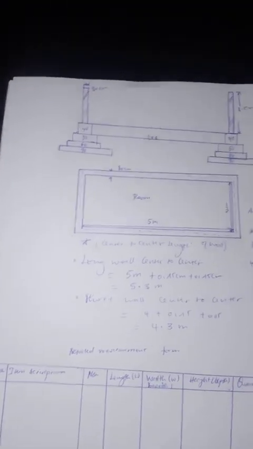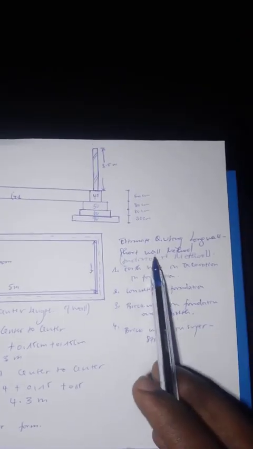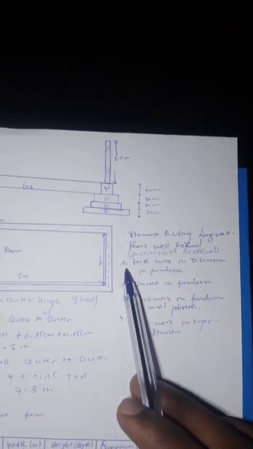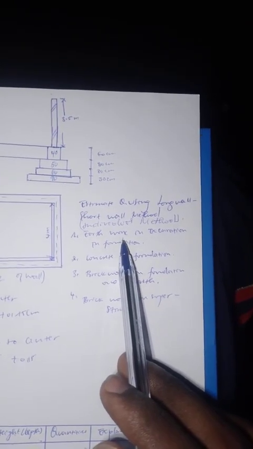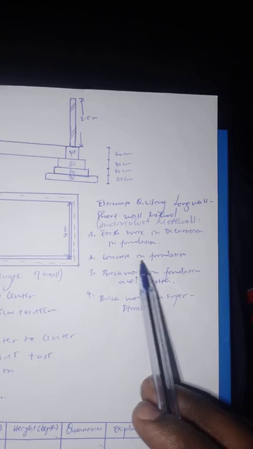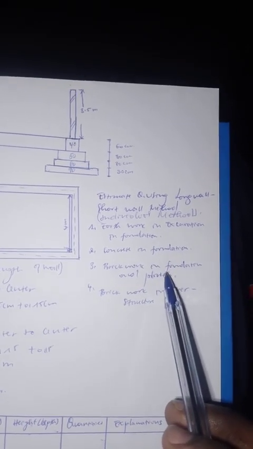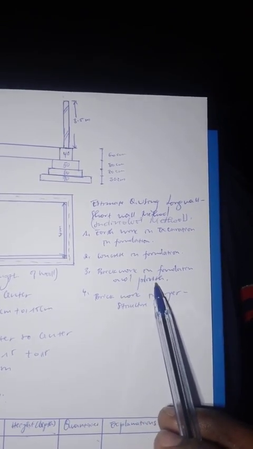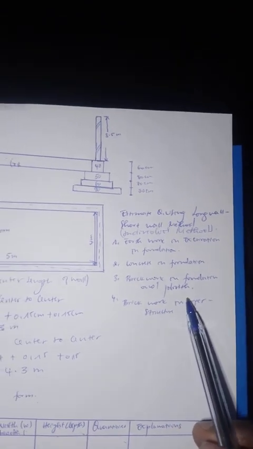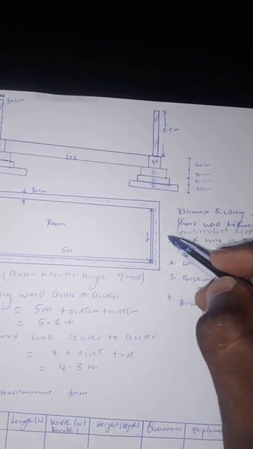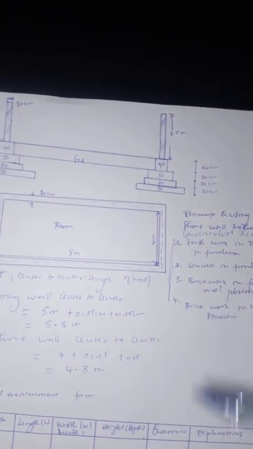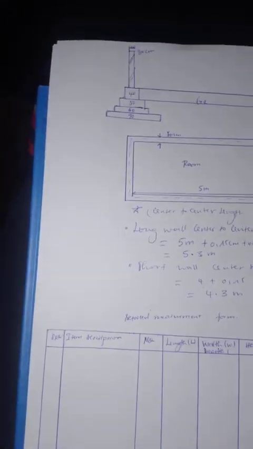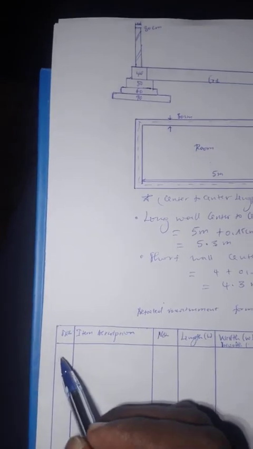The question is to quantify all the quantities by using the short wall and long wall methods to estimate earthwork in excavation, concrete in foundation, brickwork in foundation and plinth, and brickwork in superstructure. There are 4 frequently asked questions. Here we prefer to use the sequence number.